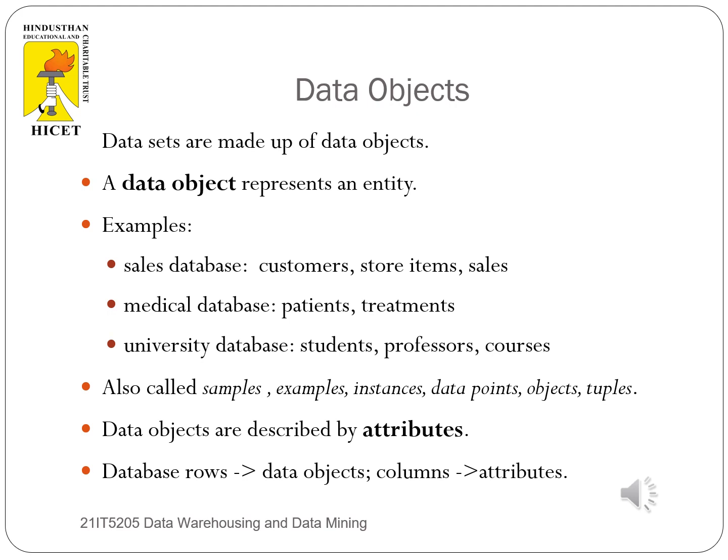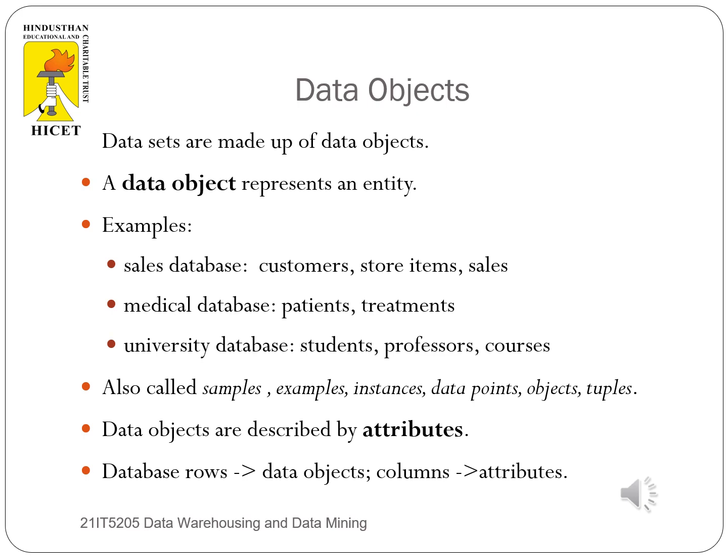Examples: in a sales database, the data objects are customer, store items, and sales. In a medical database, the data objects are patient and treatments. In a university database, the data objects are student, professors, and courses.